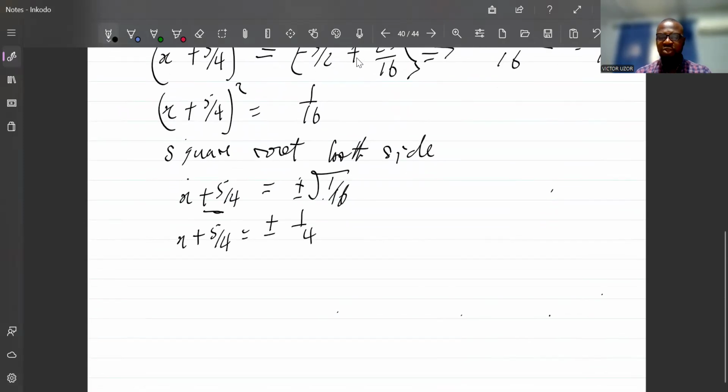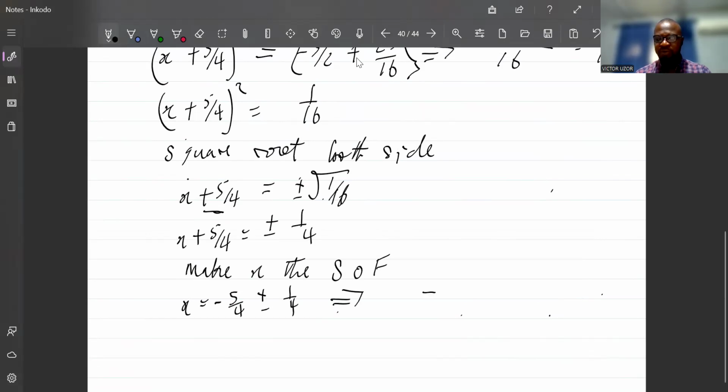There you make x the subject of formula. If you do that, you are going to have x equal to negative 5 over 4, plus or minus 1 over 4. If I simplify it, it will give me negative 5 plus or minus 1, all over 4.